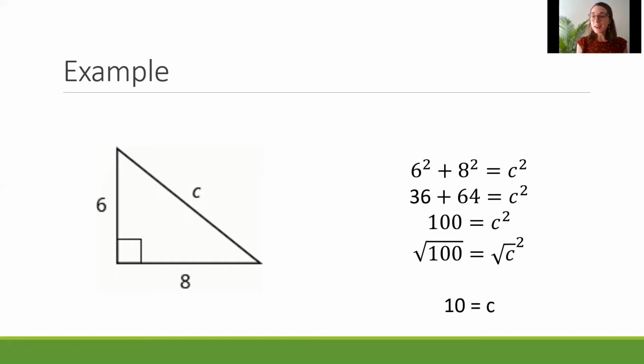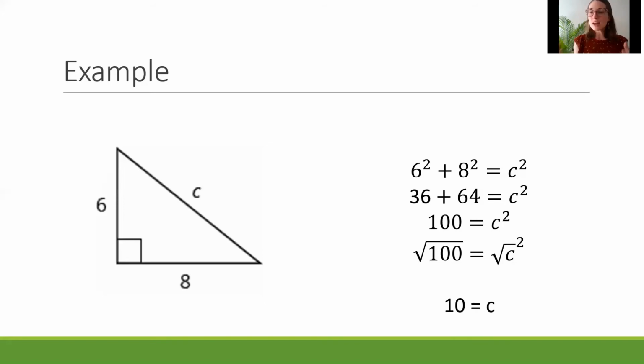Well, to get rid of that squared, right, and get C by itself, so we know just what C is, we have to be able to do a square root. So we'll do a square root on both sides to even it out. The square root of 100 and the square root of C squared. So remember, a square root is like the opposite of squaring something.